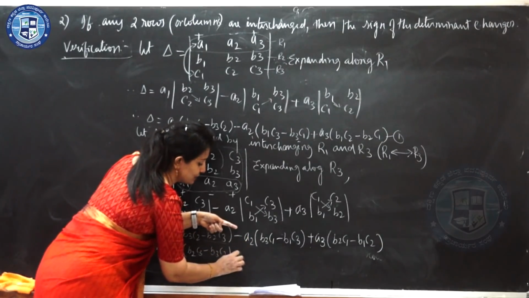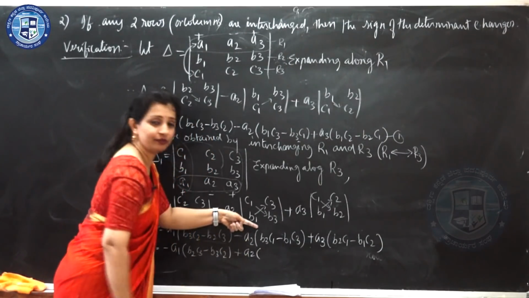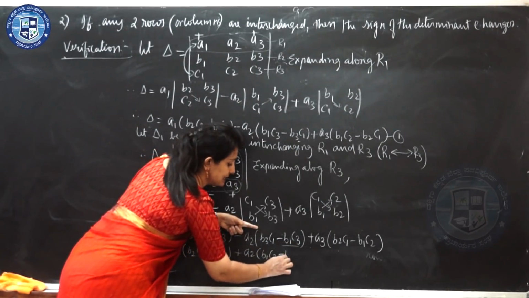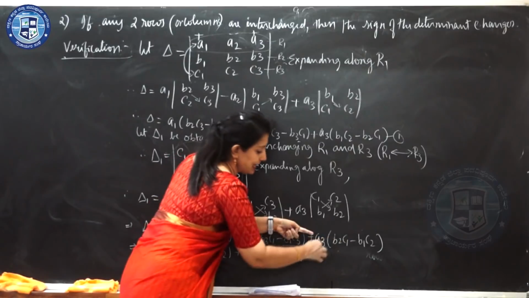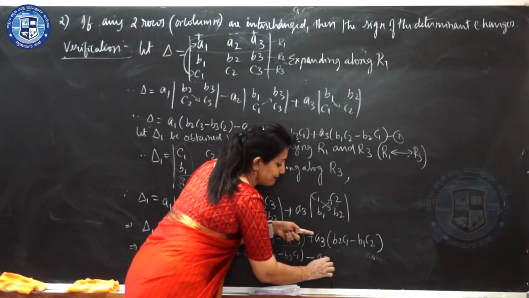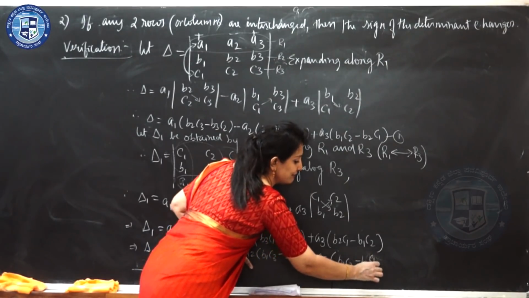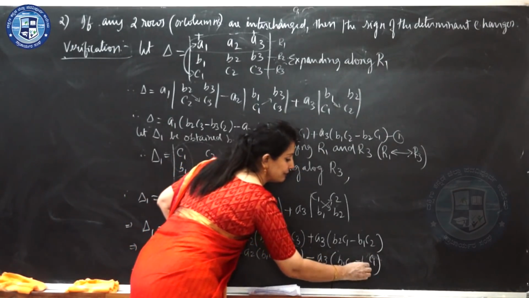Minus sign is taken out, so it is plus A2 into B1 C3 minus B3 C1. Here again minus sign is taken out, it is minus A3 into B1 C2 minus B2 C1.